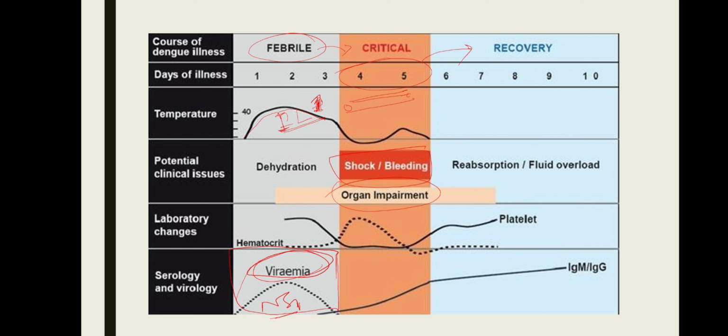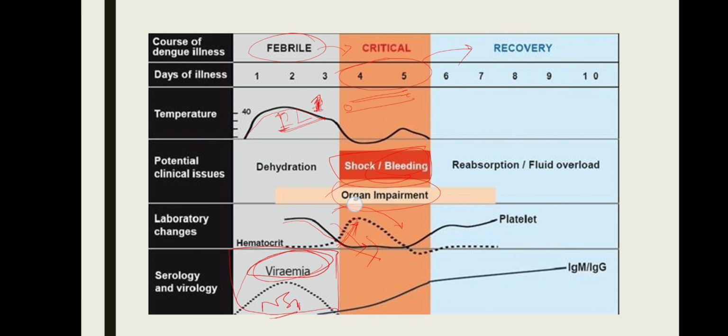In this critical phase, the first laboratory parameter changes are a decreased amount of platelets. So the platelets decrease and the hematocrit rises. But if there is severe bleeding, then the hematocrit can also decrease.